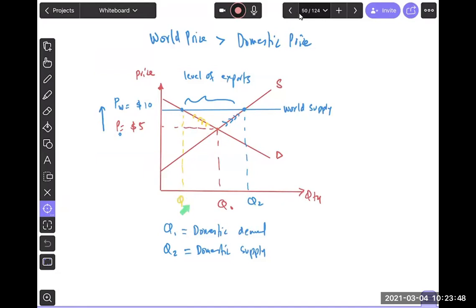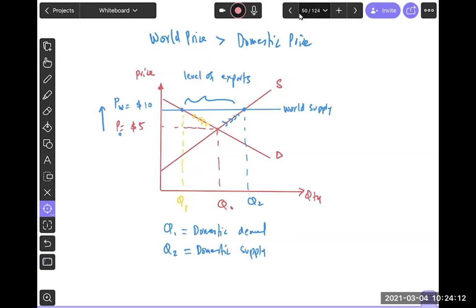Q1 is the domestic demand. Why? Because at $10, only Q1 domestic consumers are buying this good. But the world is happy to buy Q2 minus Q1, and therefore he will export the Q2 minus Q1 quantity. Make sense? So whenever the world price is more than the domestic price, you become an exporter.